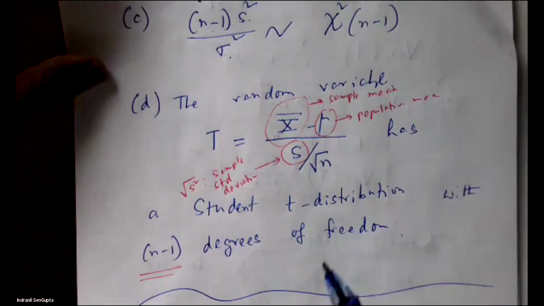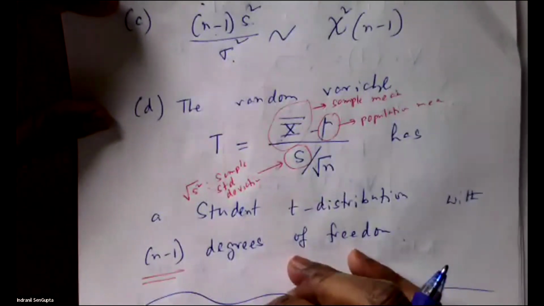So what we know is that this quantity I just wrote follows a Student T distribution.